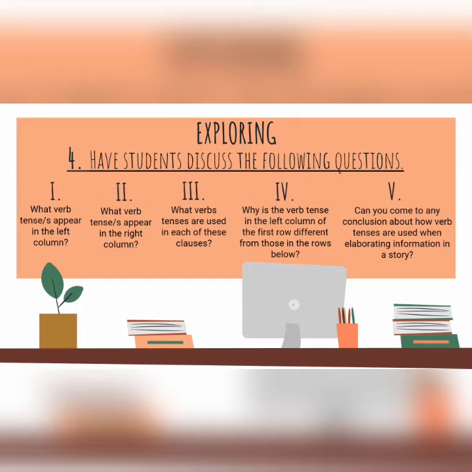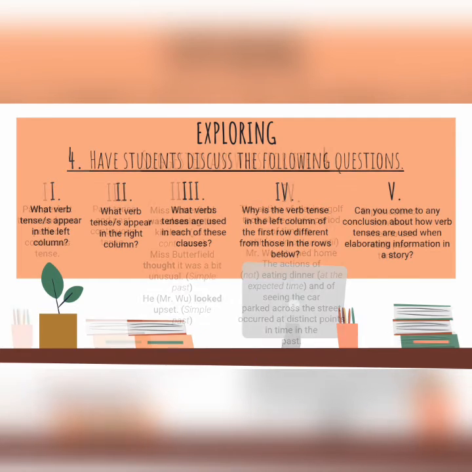So the question is, what verb tenses are used in each of these clauses? Fourth, why is the verb tense in the left column of the first row different from those in the rows below? And fifth, can you come to any conclusion about how verb tenses are used when elaborating information in a story?